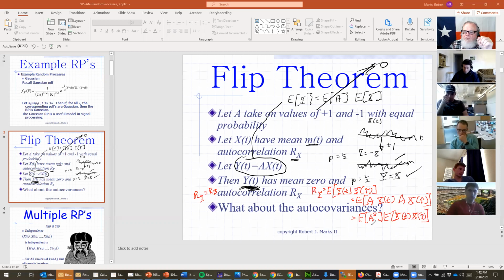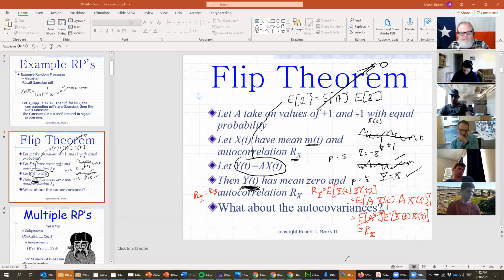Now, what can a turn out to be? A can turn out to be 1 or -1. What's the expected value of a squared? It's going to be 1, right? A squared is always 1. It's -1 squared or 1 squared. So this is exactly the same thing as the autocorrelation r sub x.